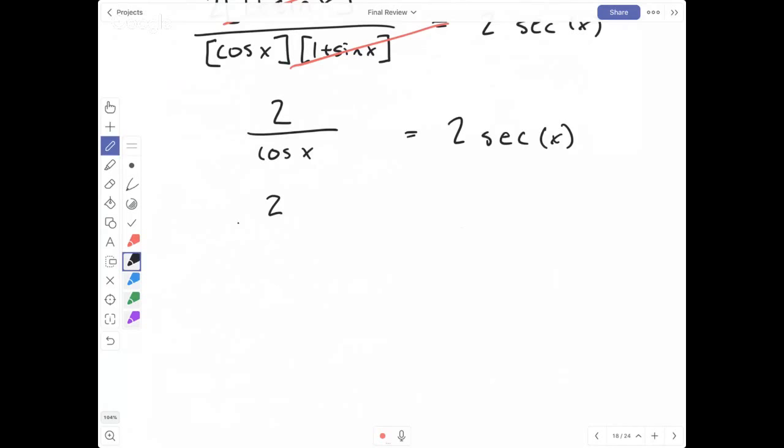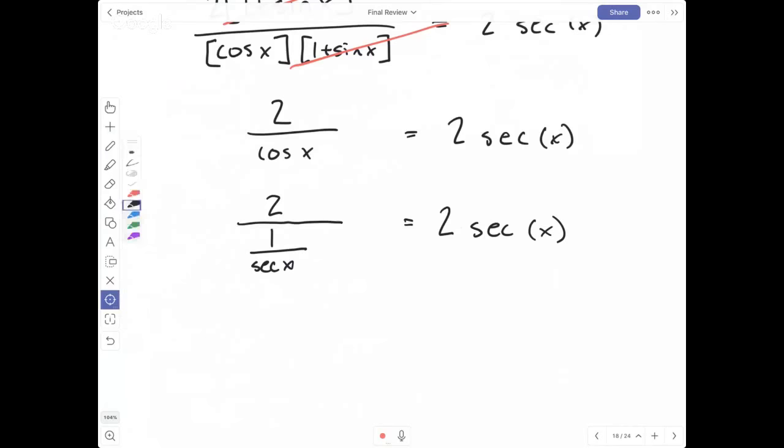So I will rewrite cosine x as 1 over secant x, like that. And I'm still trying to prove that it equals 2 secant x.